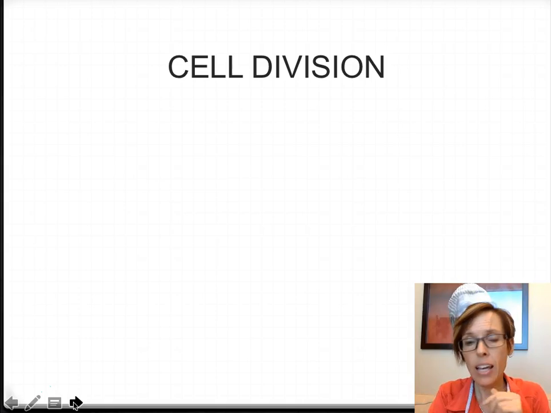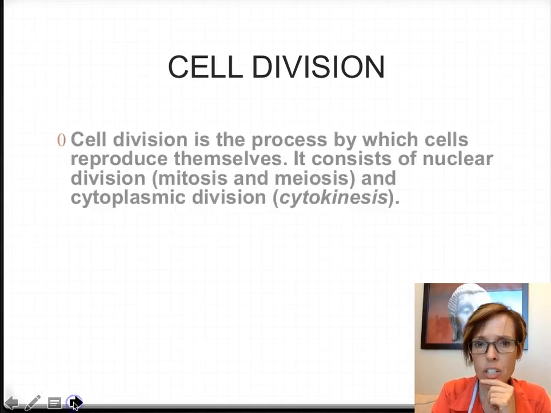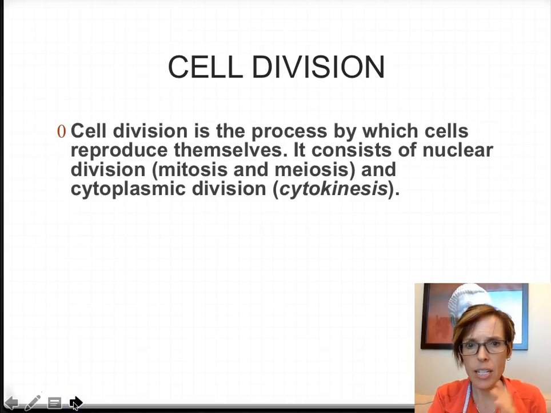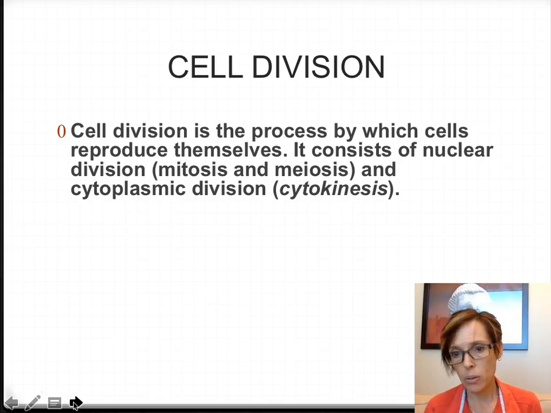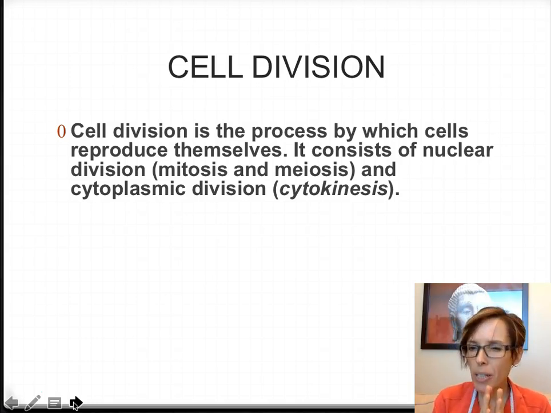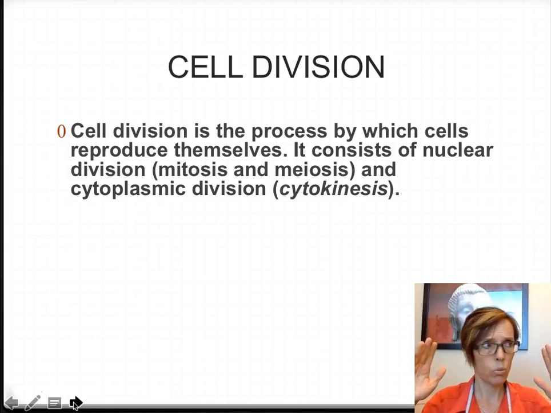So that was that. Cell division, again, not going to go into major details here. It's simply the process by which cells reproduce themselves. The two parts to it are nuclear division, and that's what we're talking about when we talk about mitosis versus meiosis. And I know people get those two mixed up a lot. Again, super simple.